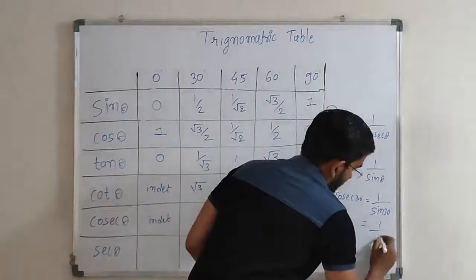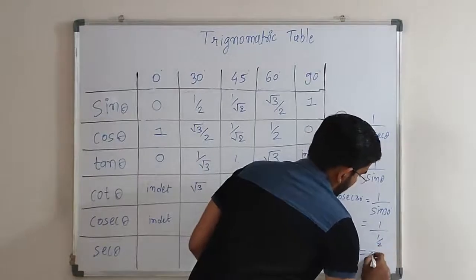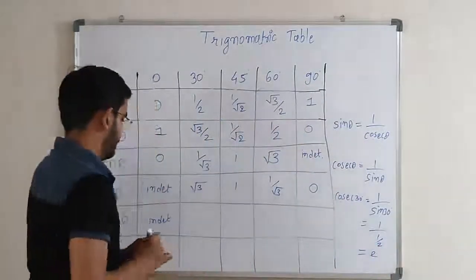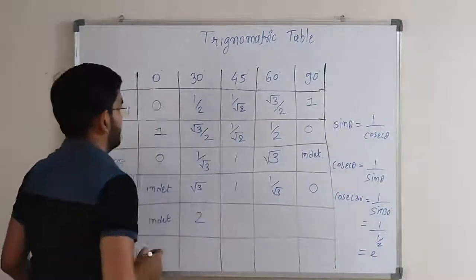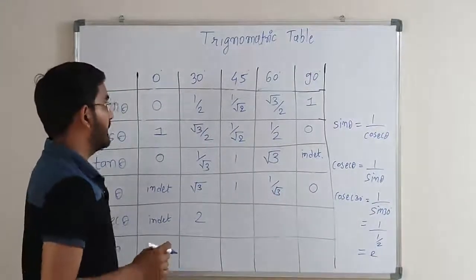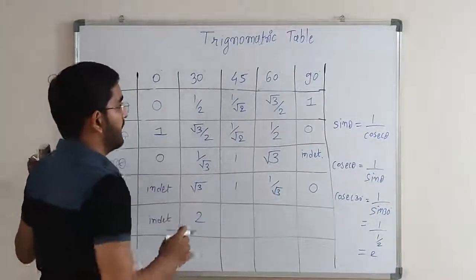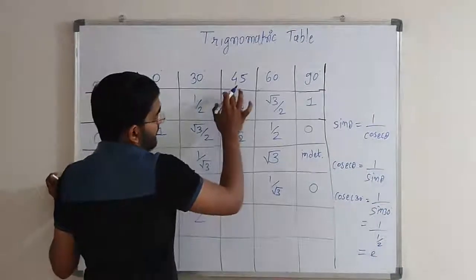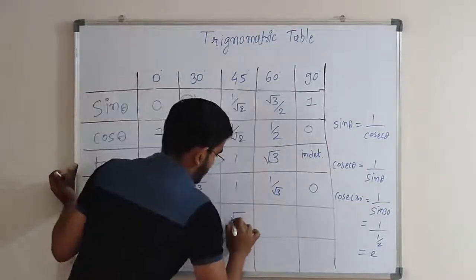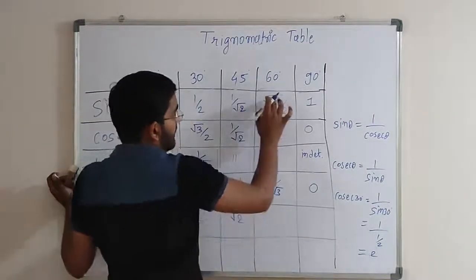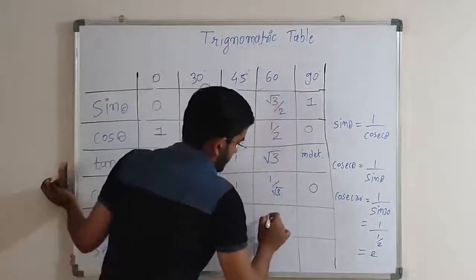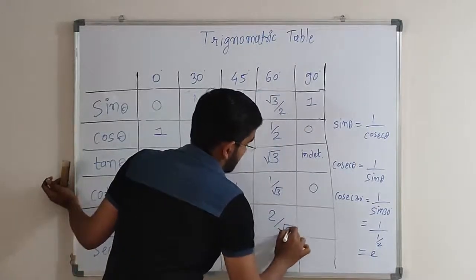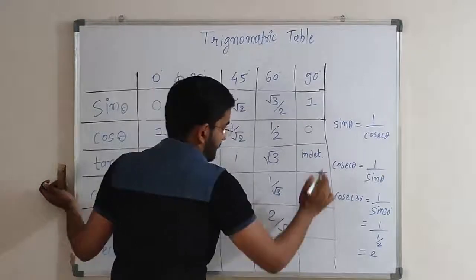So 1 divided by 1 upon 2 will be 2. In the same way we can write 45, 60 and 90. Simply 1 divided by 1 upon root 2 is root 2. 1 divided by root 3 by 2 is 2 by root 3. And 1 divided by 1 is 1.